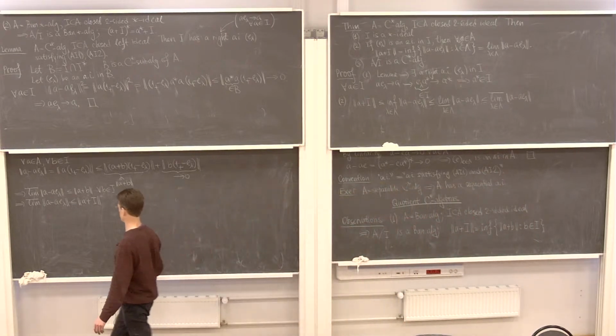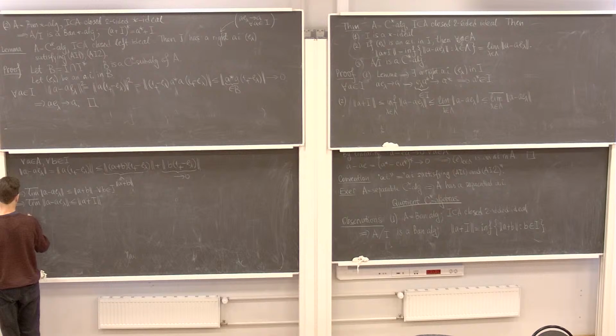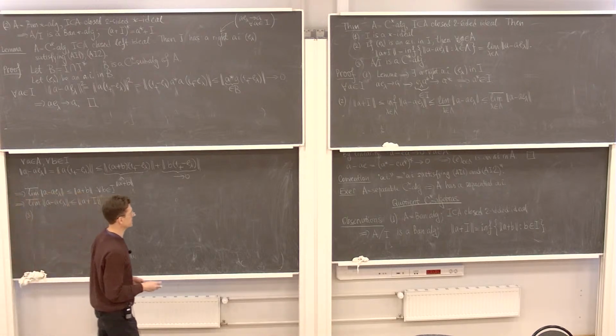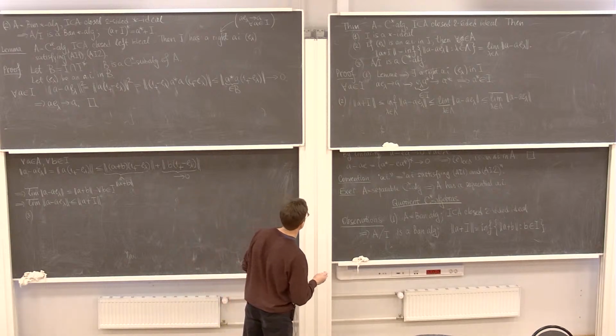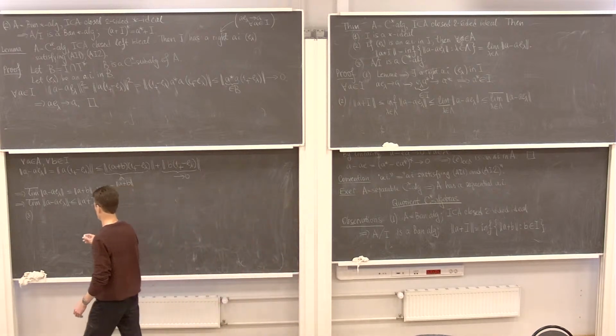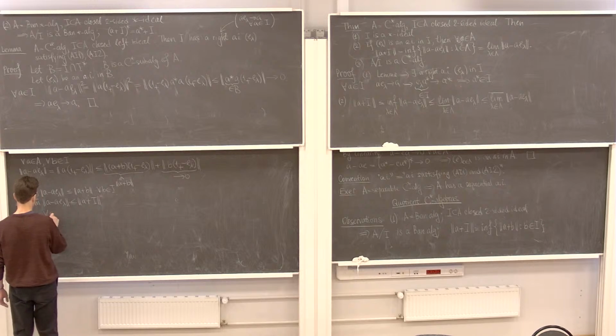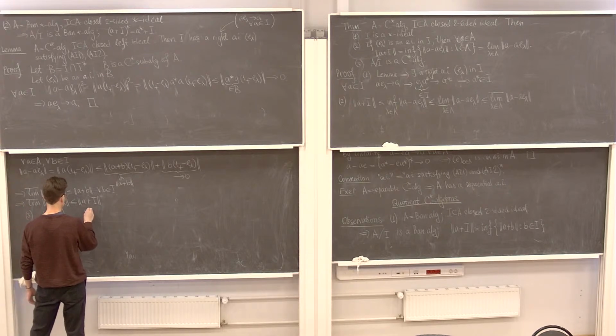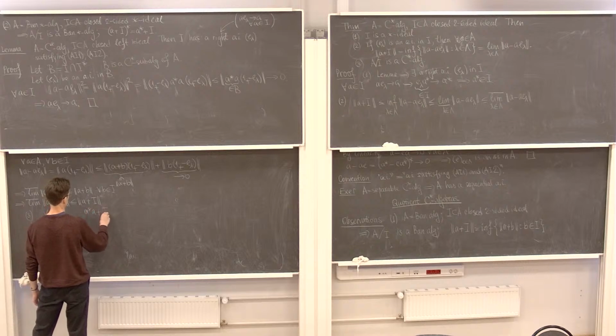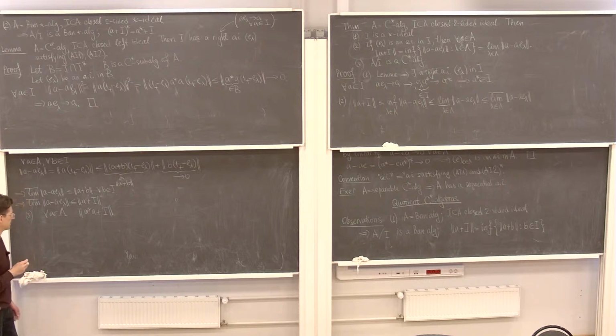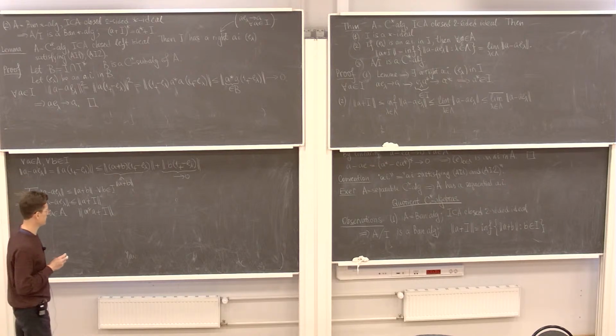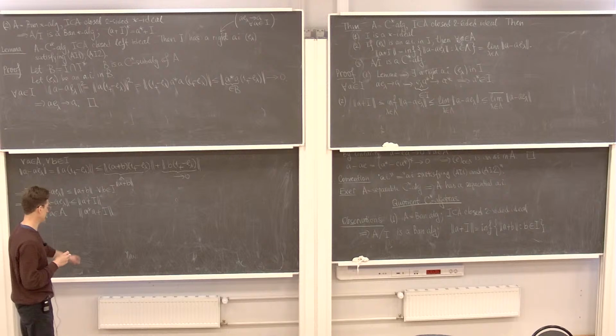Okay, now it remains to prove part 3. We have to show that the quotient is a C star algebra. Well, again, we take an element A in the algebra. We look at the element A star A plus I. And let's recall that it suffices to prove the inequality.